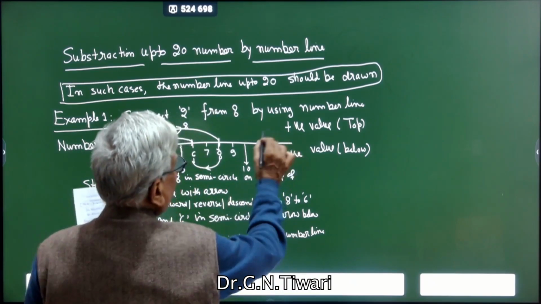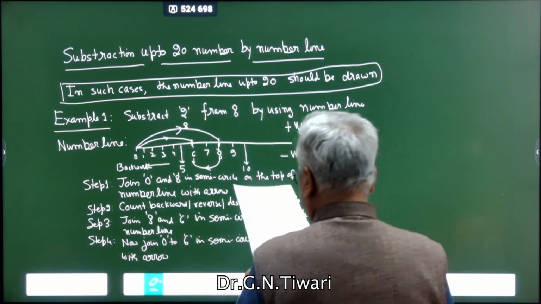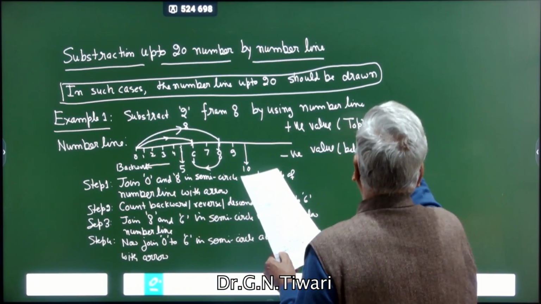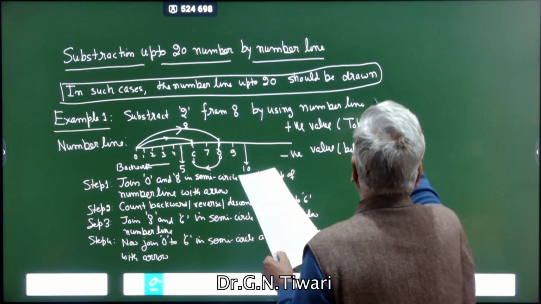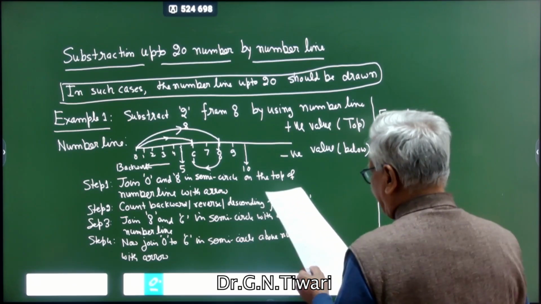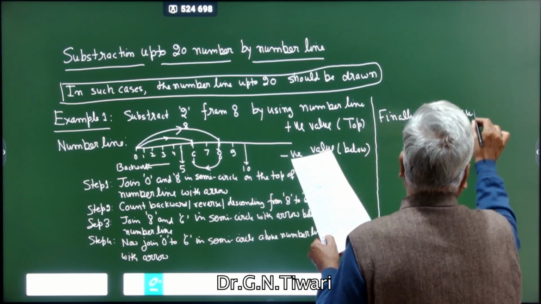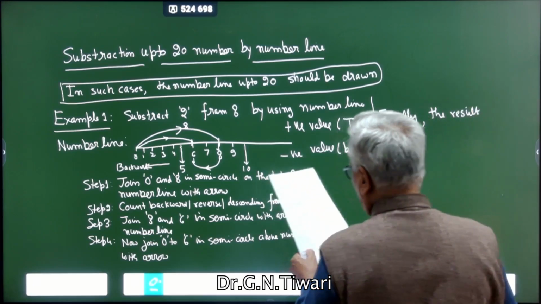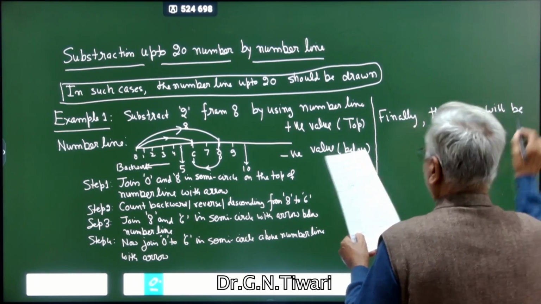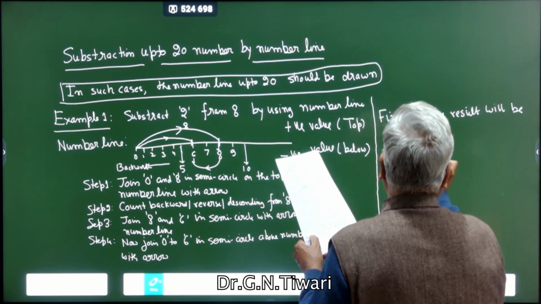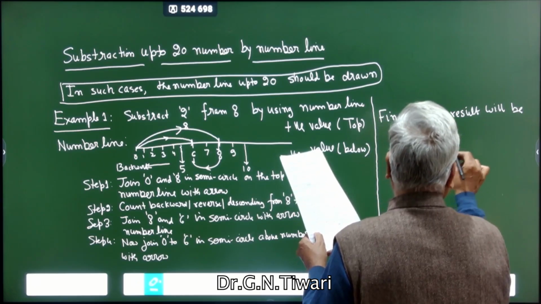You can say positive value. And finally, the result will be 8 minus 2 is equal to 6.